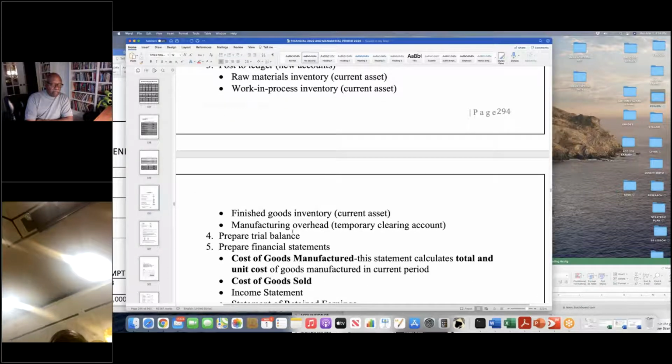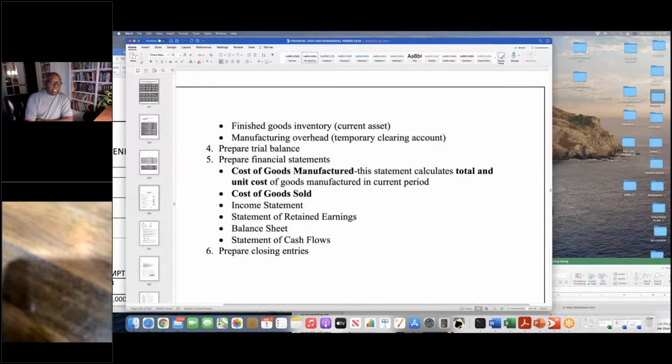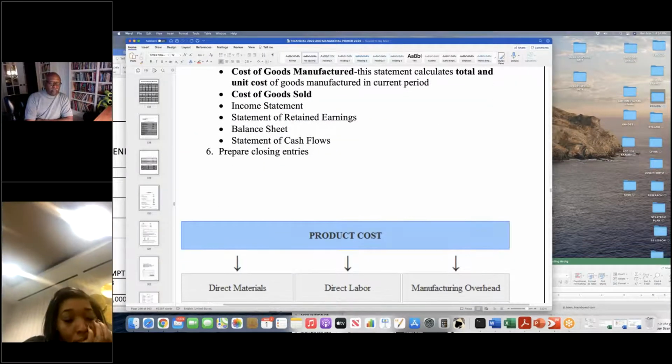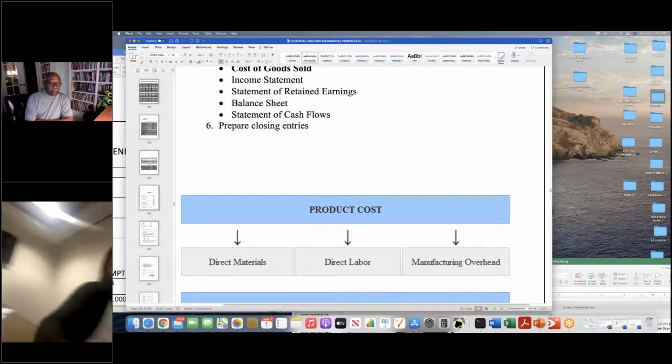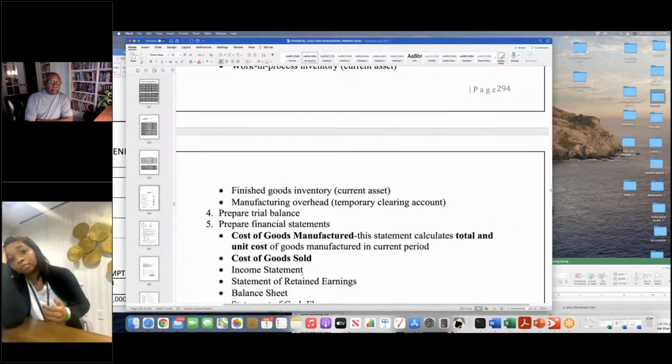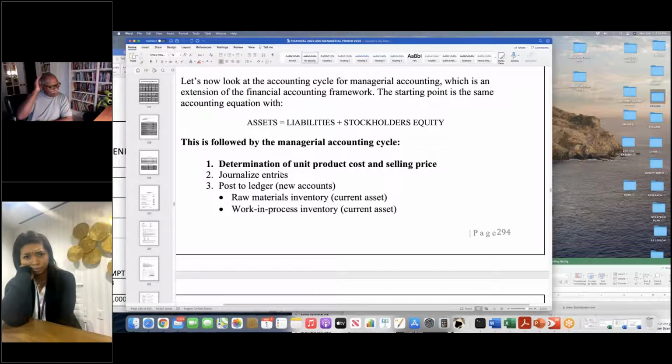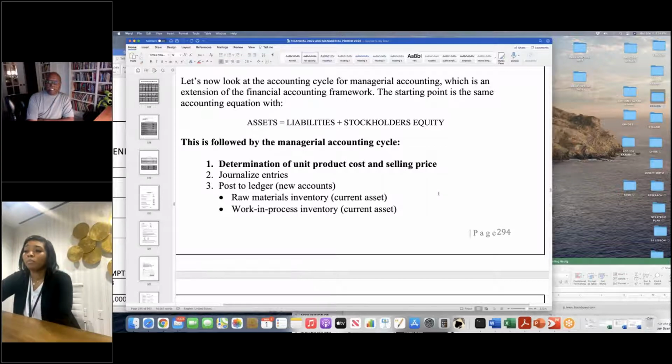We're going to prepare the trial balance, the financial statements, and closing entries. For the rest of this week, it looks like we'll be on journal entries, but we should be able to post those to the ledger too.